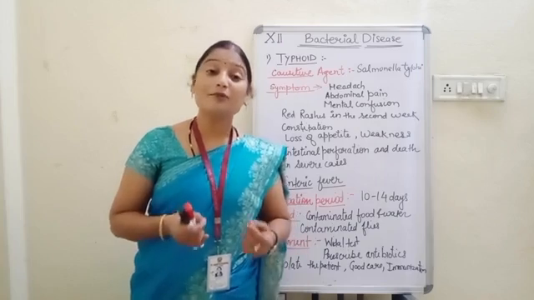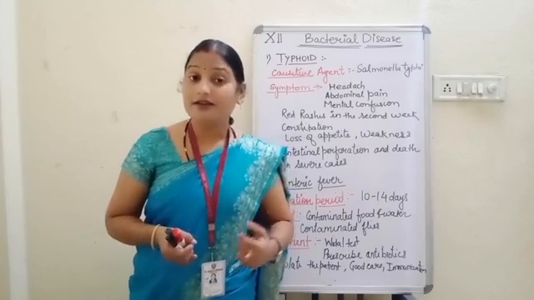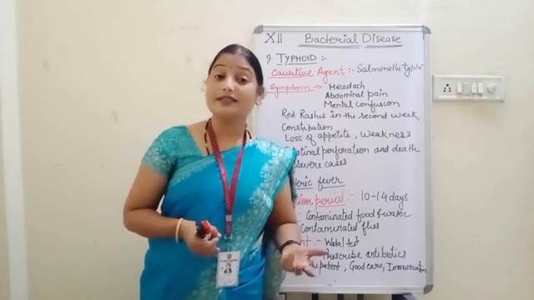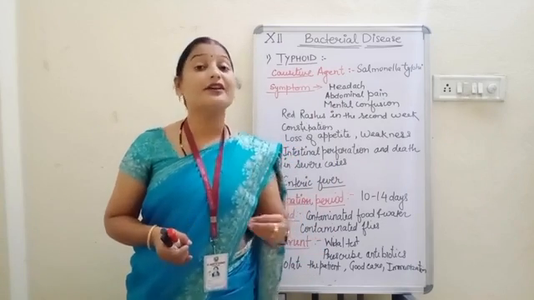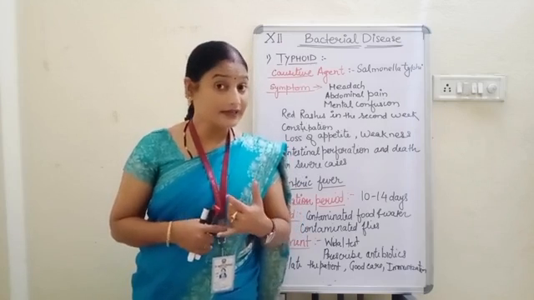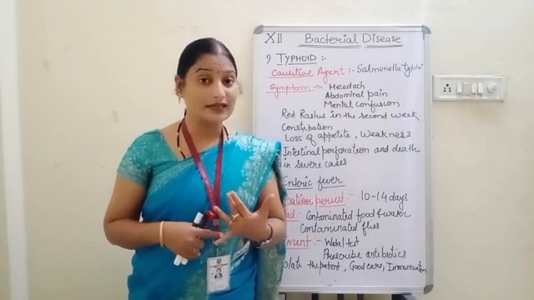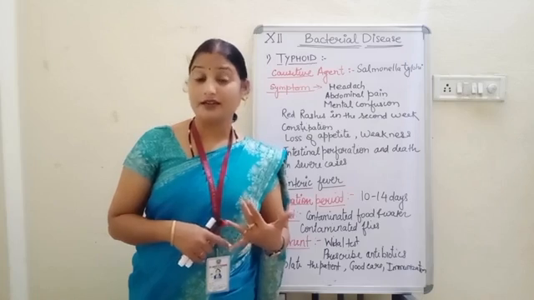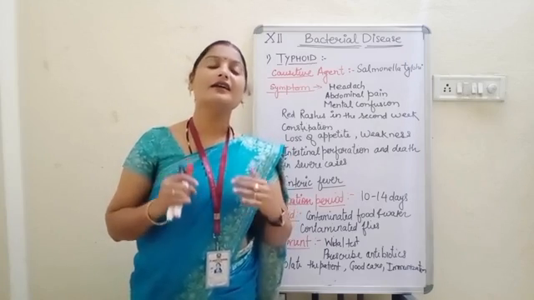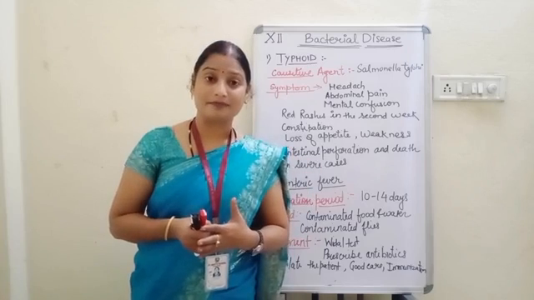Now, what type of diseases can be caused by this bacteria? So, we can say that there are several diseases like typhoid, tetanus, pneumonia, diphtheria, cholera, plague. Okay, all these are bacterial diseases.